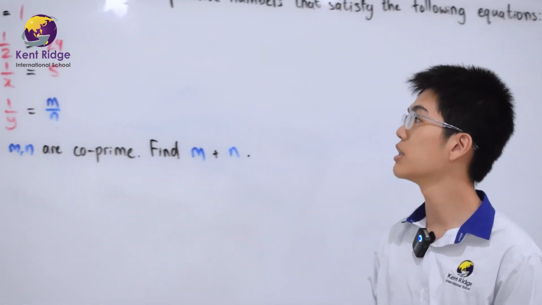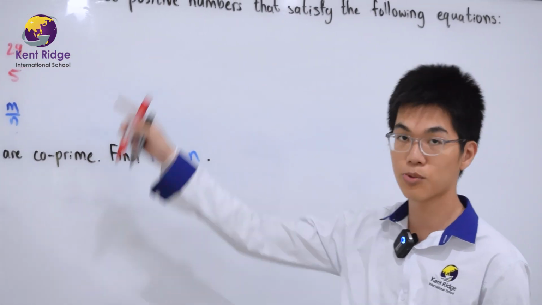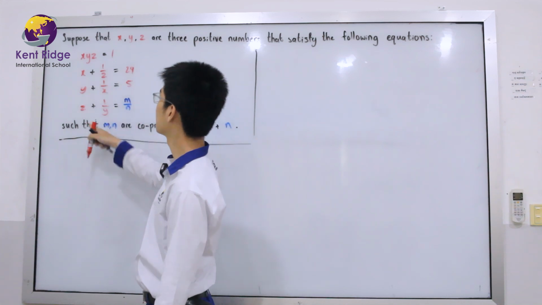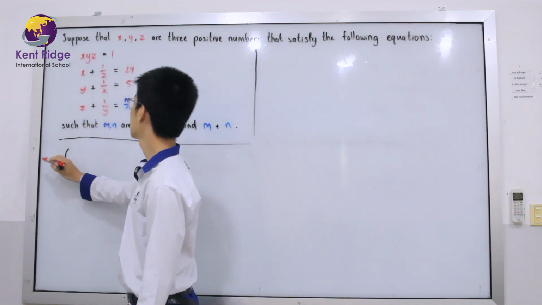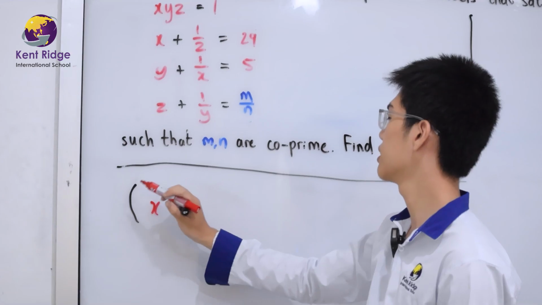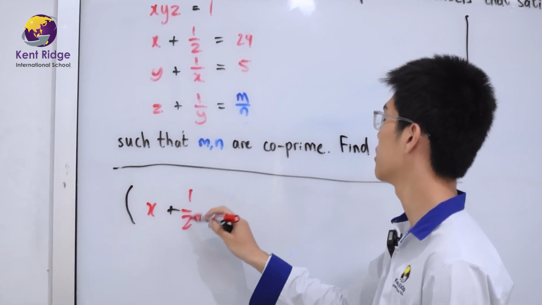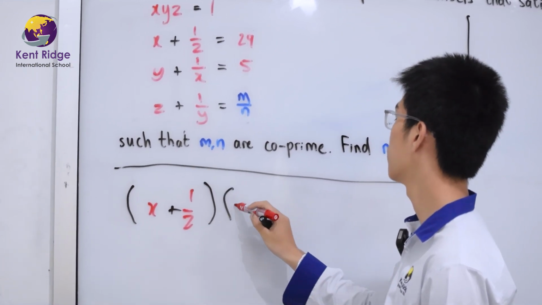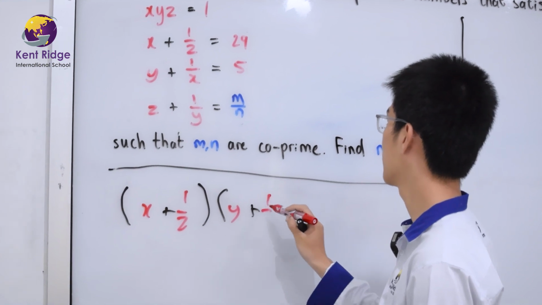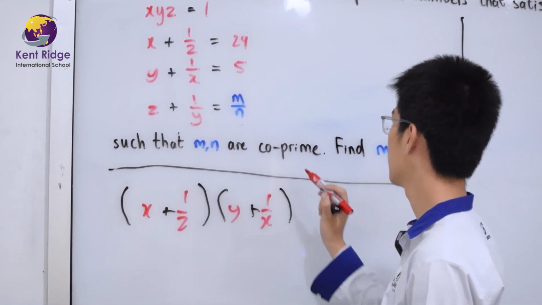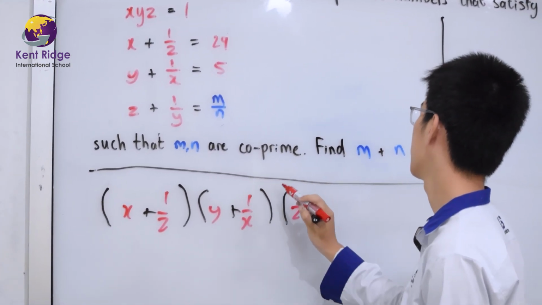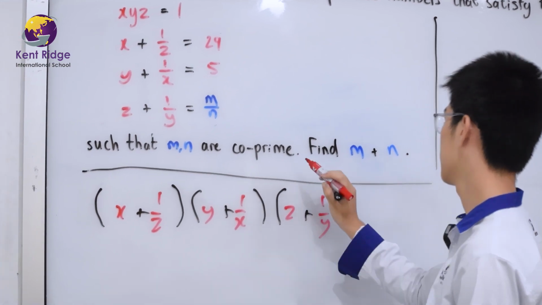Just so you can see this easier, let's write it out first. Let's write down these three equations: x plus 1 over z as one of them, y plus 1 over x as the second one, and z plus 1 over y as the third one.